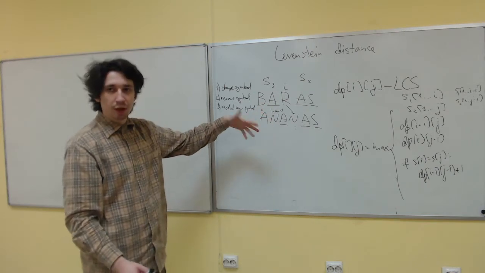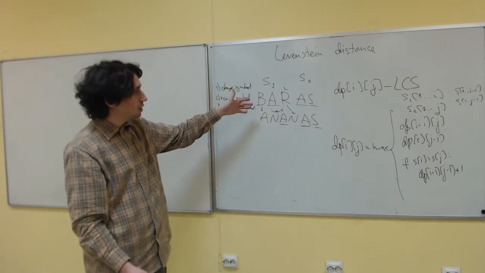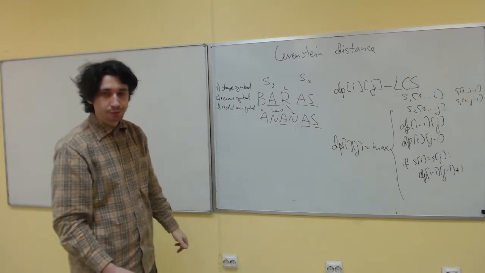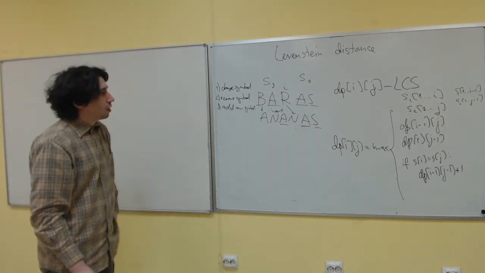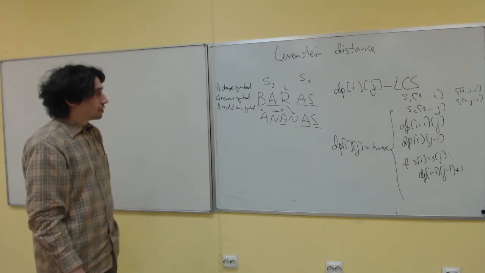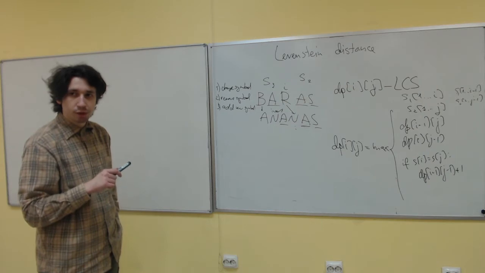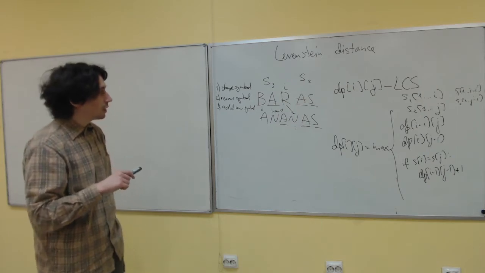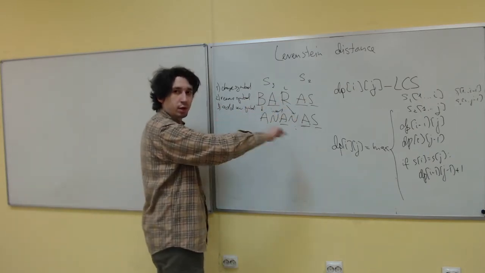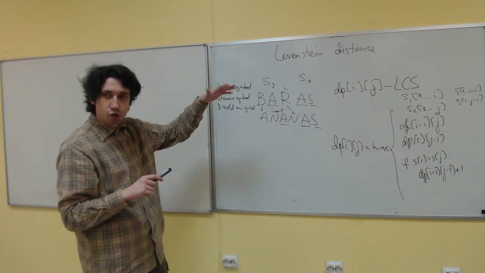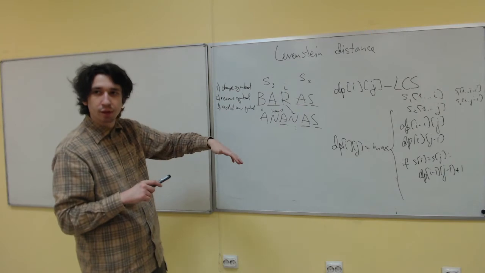Then their Levenshtein distance is 3, because we did 3 operations. This is already coming from biology, to be honest, because typically we consider two genomes and we want to find how many changes we should make in one genome to get another genome.